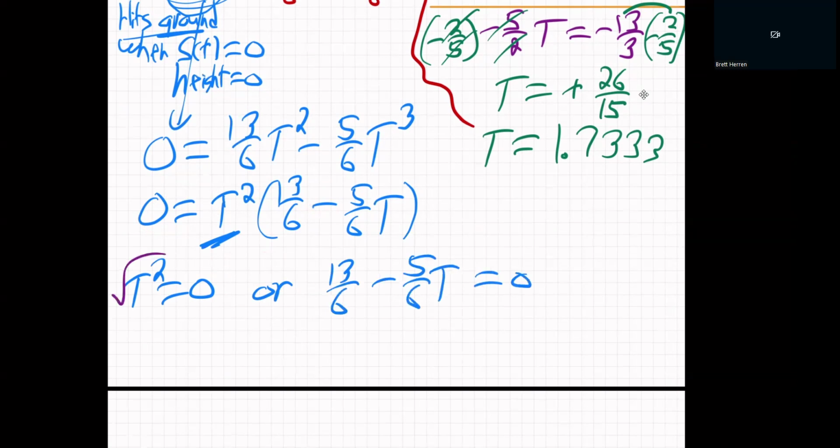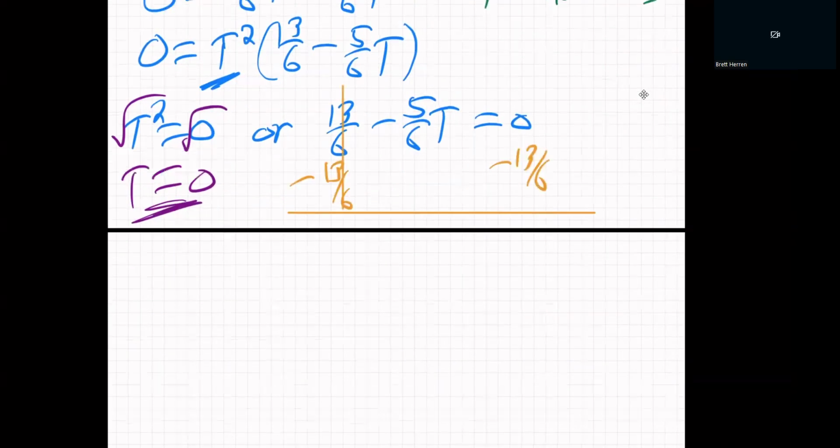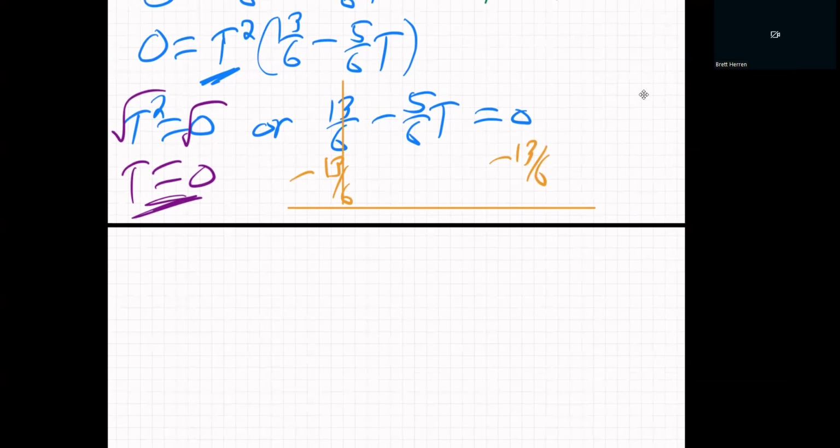So this one's easy enough to square root it. T is 0. So that's just telling us the ball is at time 0, the ball's on the ground. Well, no big deal. This other one, let's subtract 13.6 from both sides. Boom. And so we get what? Minus 5.6t is minus 13.6.